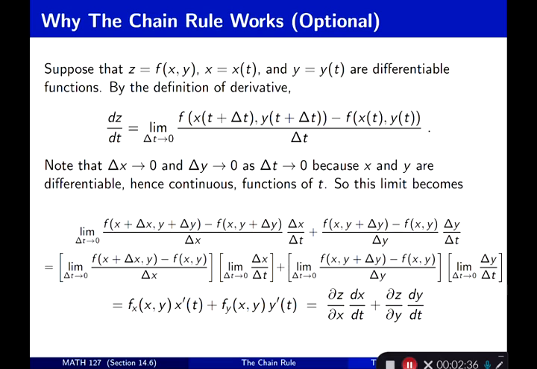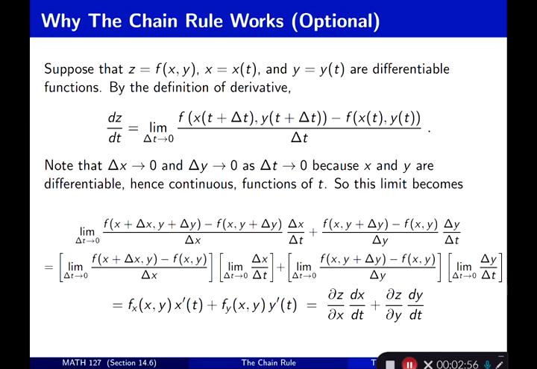Delta x and delta y are going to go to 0 as delta t goes to 0, because x and y are differentiable and continuous.